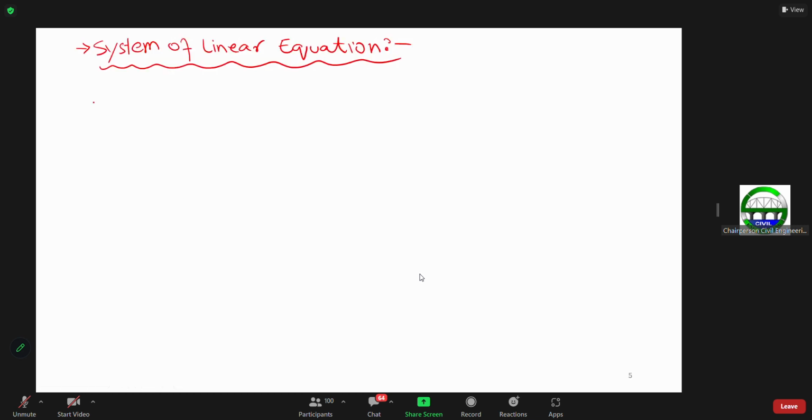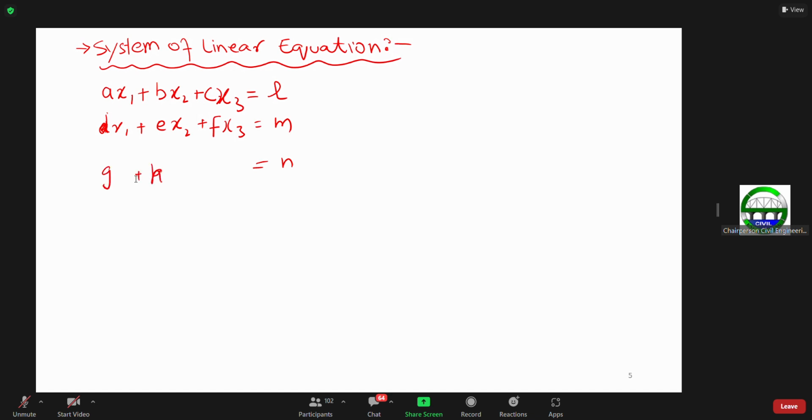So for example, in the system of linear equations, we have, for example, ax1 plus bx2 plus cx3 is equal to, let's say, L. And then you can say that, let's say, dx1 plus ex2 plus fx3 is equal to M, and then gx1 plus hx2 plus ix3. So we have the system of linear equations like this one.